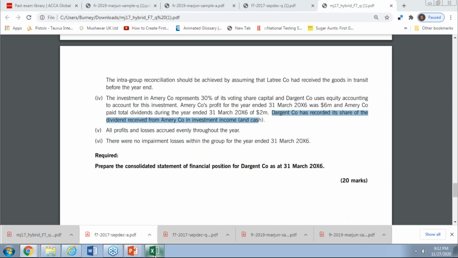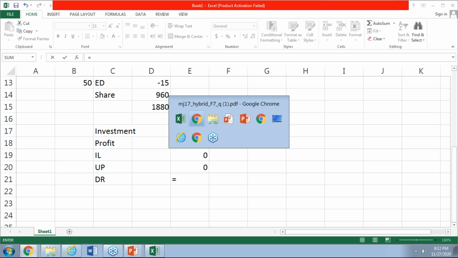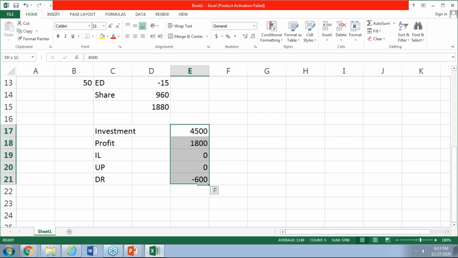So what we are required to do is to reverse the value of the dividend. They have recorded dividend of 2 million. So 2,000 into 30%. This amount should be deducted because we have already recorded the whole of the profit, so no need to record the dividend again. So by adding these figures, we got the value of 5,700.